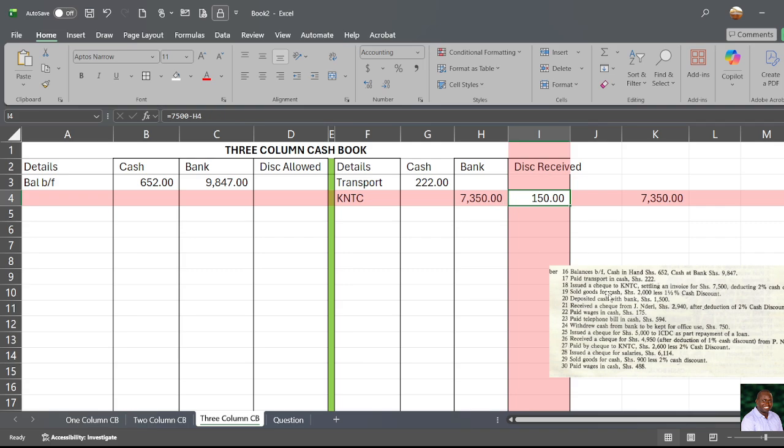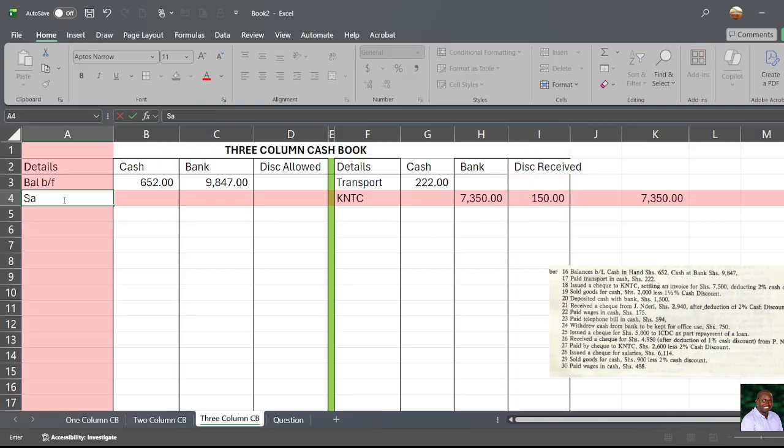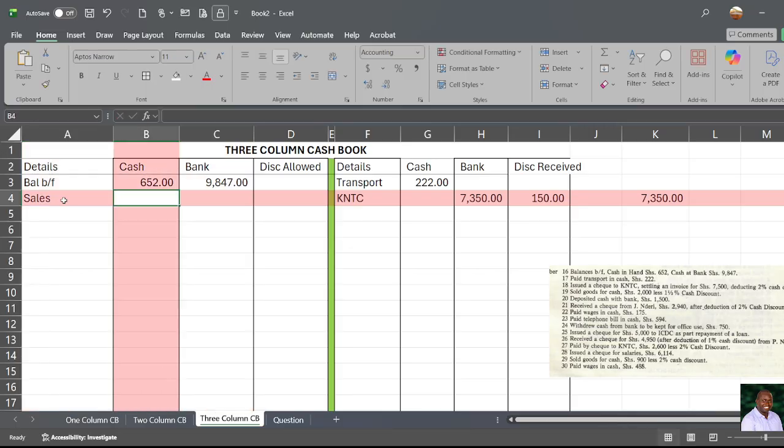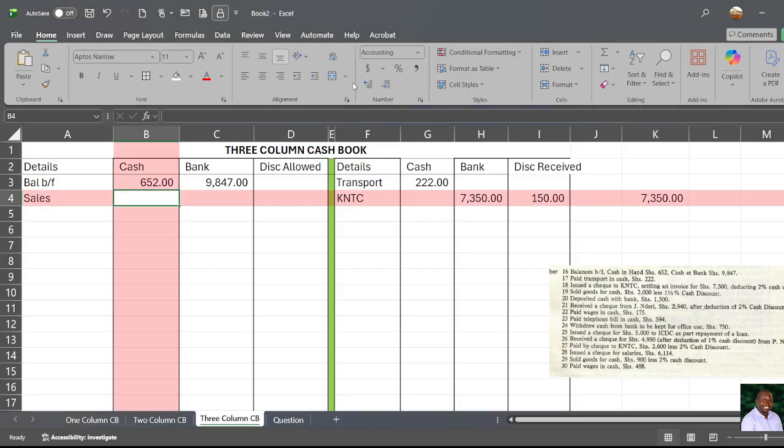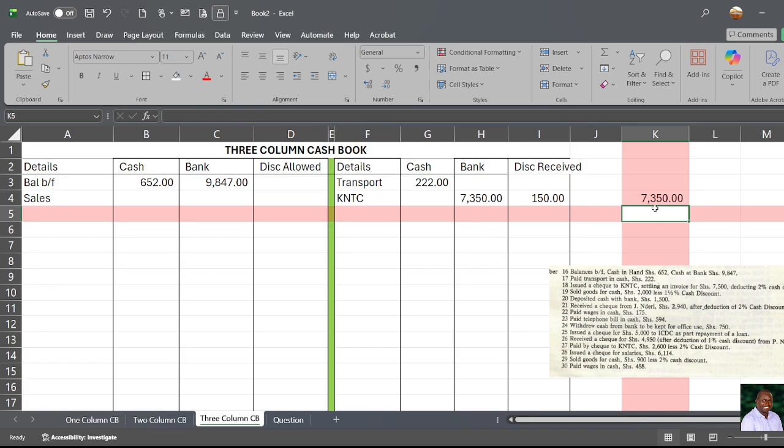Then we are told they sold goods for cash less cash discount. So again they are doing sales for cash, and the cash is 2,000, less another discount of 1.5%. Let's work it out here. 1.5% they are receiving from 100 is 98.5%.